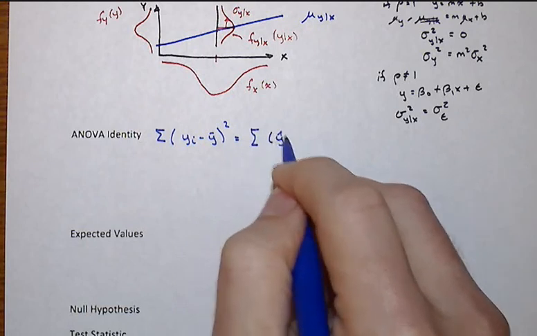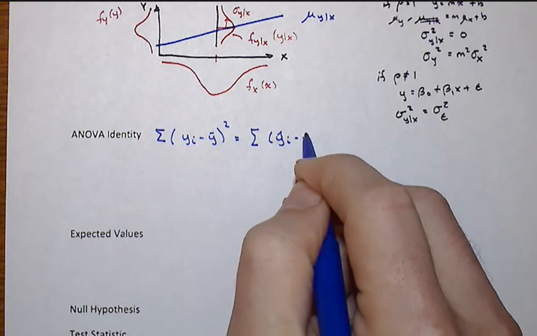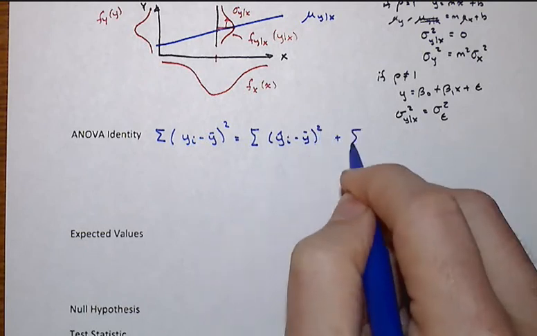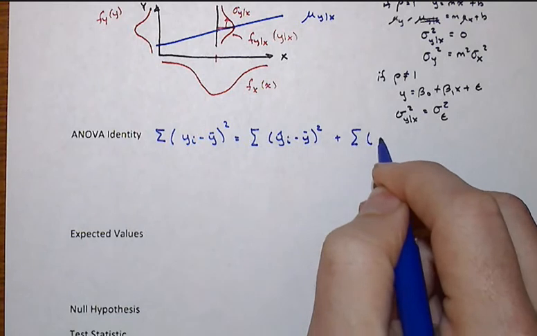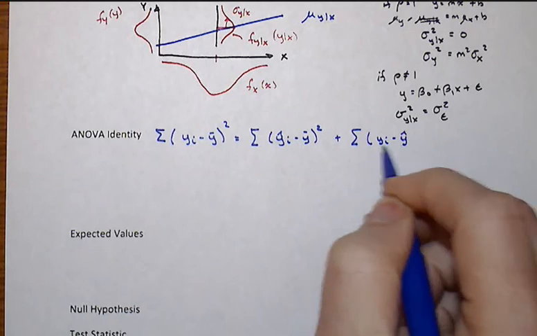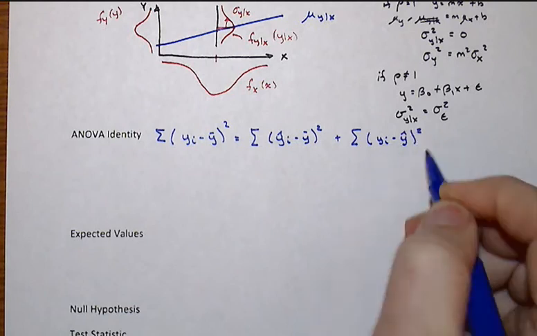That associated with the difference between the predicted value and the sample mean, and that portion which is from the predicted value and the actual value. So actual value minus the predicted value squared.